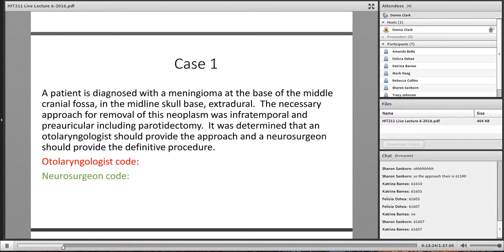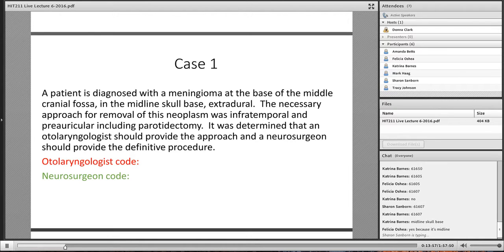Let's see. Okay, wait a minute now. All right, so wait, it says peripharyngeal space. I think we should be 61607, correct. I was just looking. It's midline skull base extradural. You see that in the second sentence?